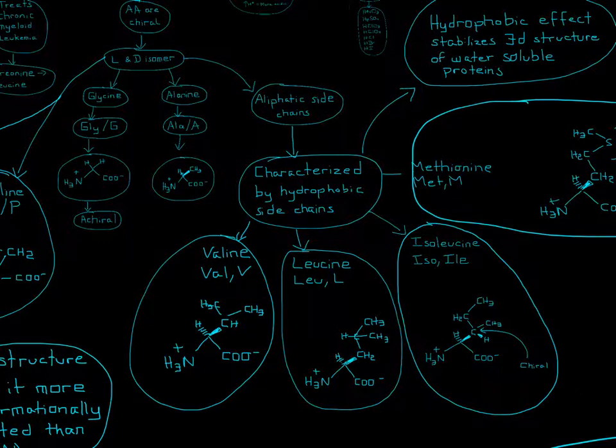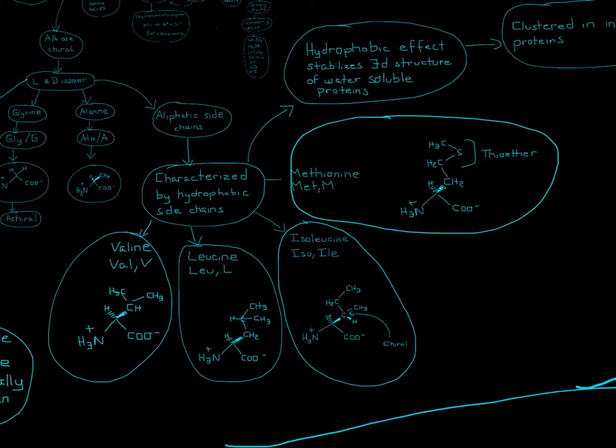For leucine, you have the same thing, except instead of directly linking 2 methyl groups here, you have a CH2, and then you have 2 methyl groups. So it has that extra carbon. And for isoleucine, it's similar: you have the CH, and then you have a branch, and then a methyl group coming off here.